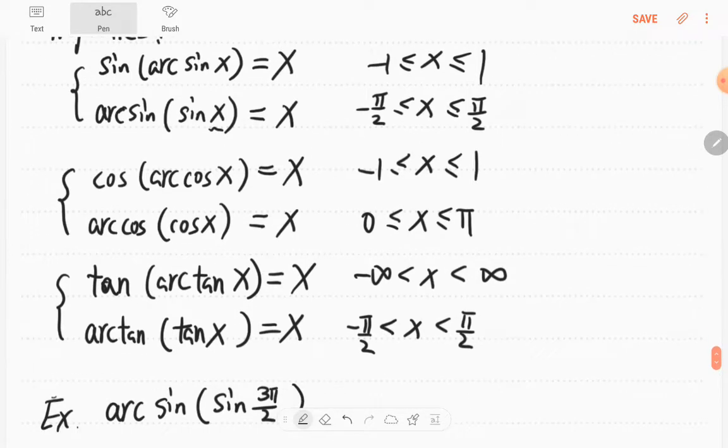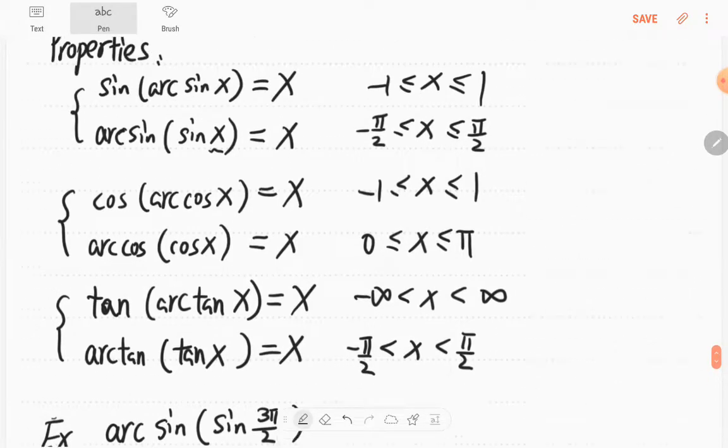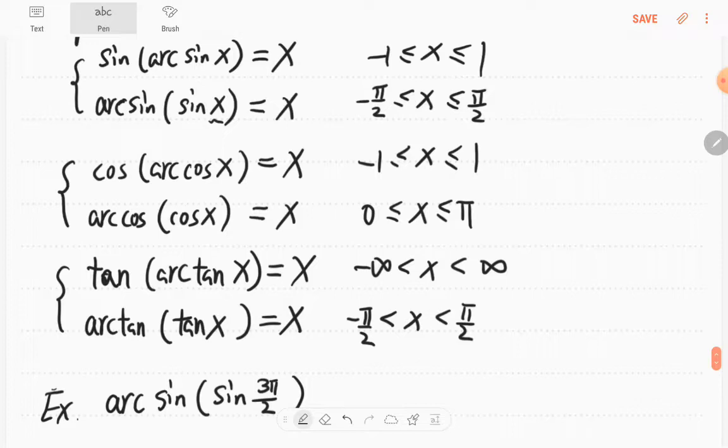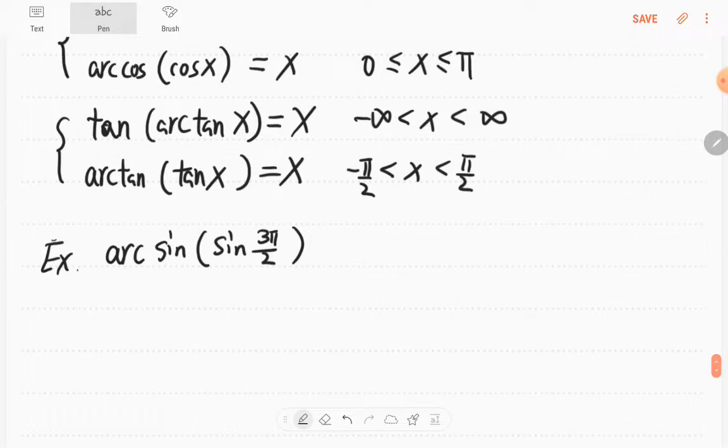One thing is, it's not equal to 3pi/2. Some students may ask, why is it not equal to this one? We have this formula, right? But keep in mind that this x should be between negative pi over 2 and pi over 2. But our x here is 3pi/2, which is outside of negative pi over 2 to pi over 2.